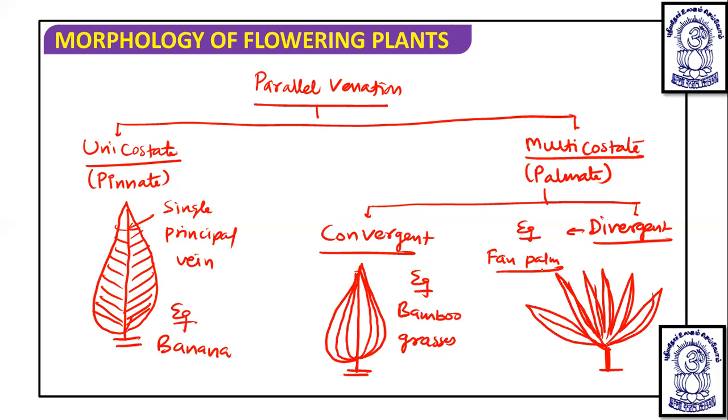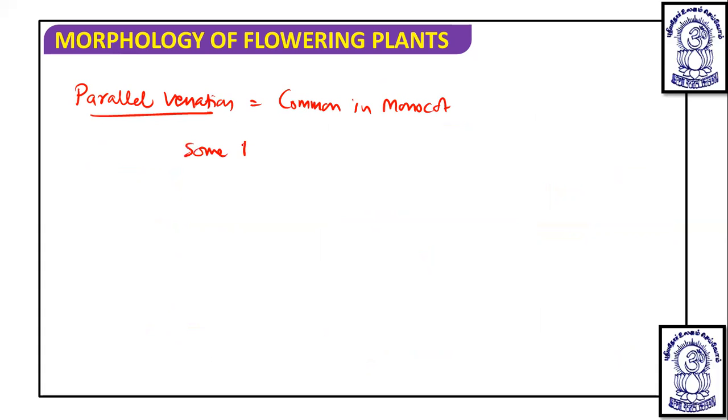Now, parallel venation is common in monocot, but some dicot also have this parallel venation.